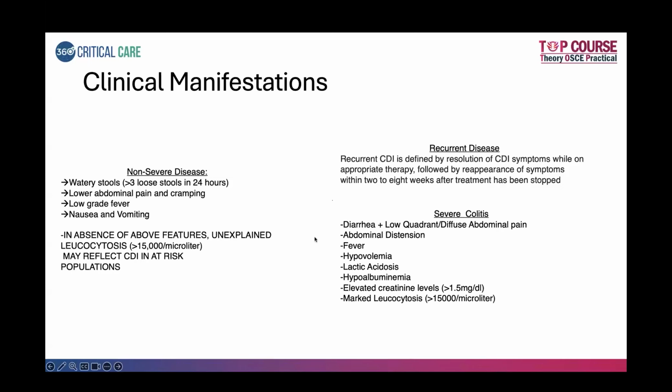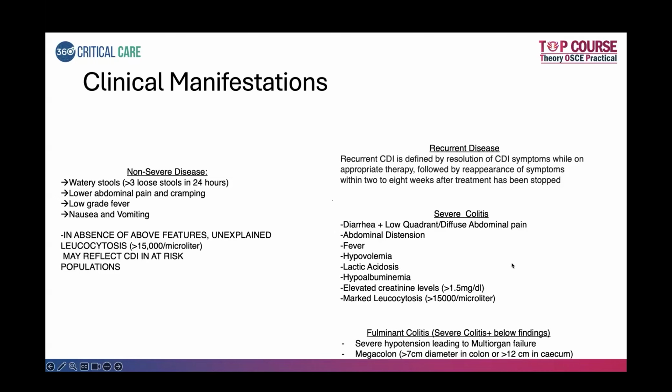Then you have severe colitis, that is diarrhea, lower abdominal pain with distension, fever, hypovolemia. Because of that hypovolemia, lactic acidosis is there. Then associated hypoalbuminemia, elevated creatinine, and leukocytosis. So the last four are lab parameters. The first four are clinical manifestations.